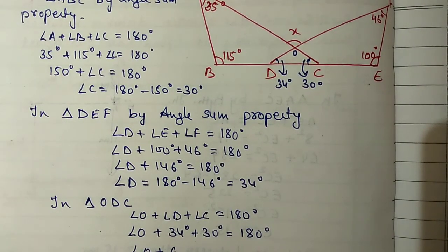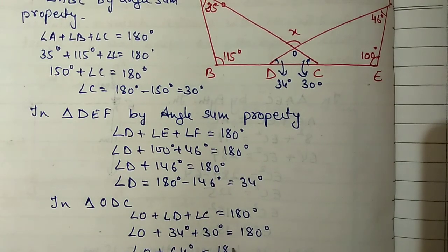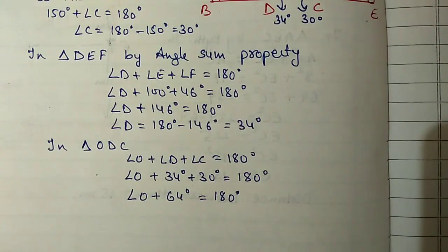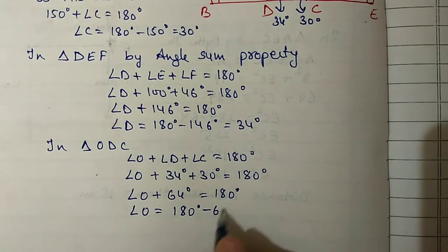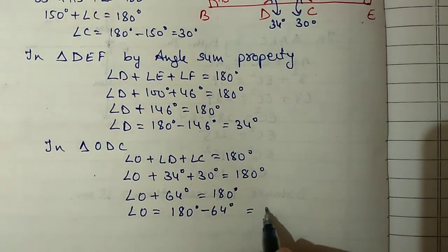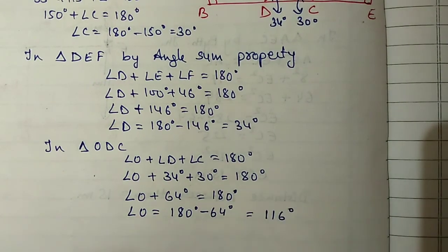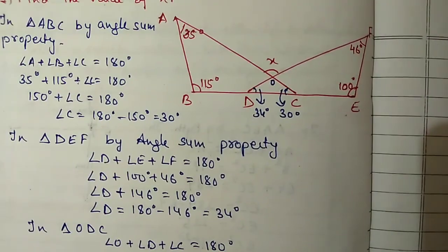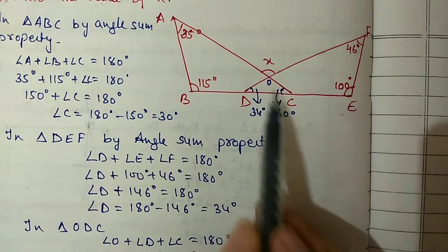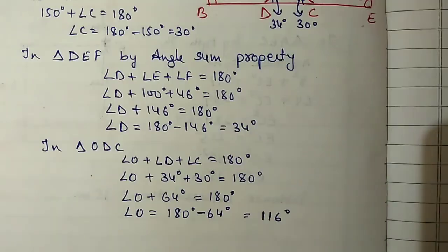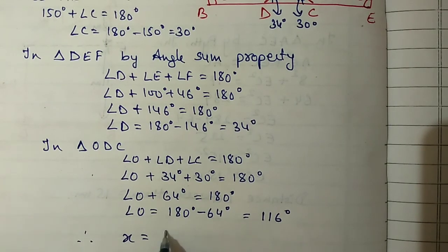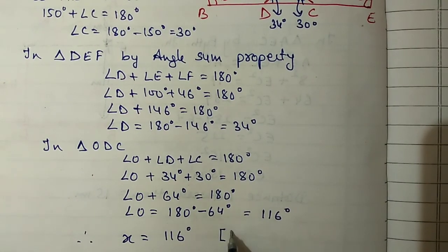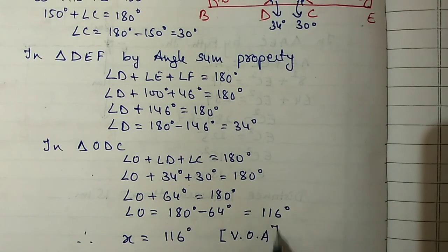So plus 64 equal to 180. 64 shift another side. This angle O will be 180 minus 64 equal to 116 degree. And you know this angle X and this O are vertically opposite angle. So therefore angle X is equal to 116. Reason you can mention vertically opposite angles.